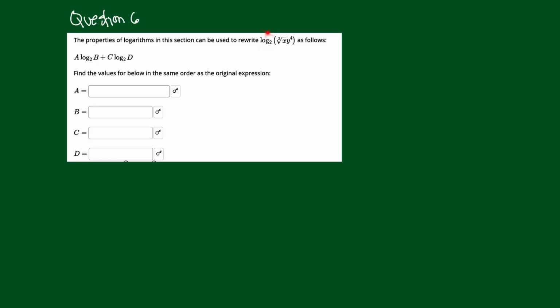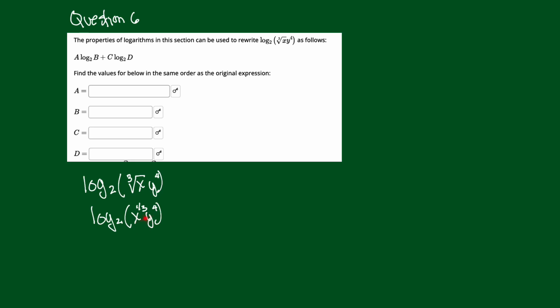Number 6, let's rewrite this logarithm without the radical. So I'm going to write it as the log base 2 of, now it looks like we've got the cube root of x and then a y to the 4th out of that radical. So first up, get rid of this radical, convert it to a fractional exponent. So we'll get the log base 2 of x to the 1/3 y to the 4th, and now I've got a product.